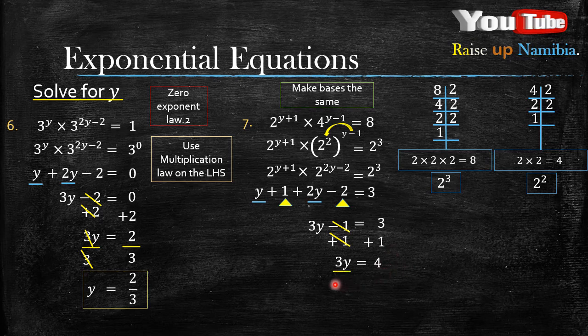Now remember, here it says 3y equals 4 and we are not looking for 3y, we are looking for y. So 3y is the same as saying 3 multiplied by y. To cancel out the 3, we divide both sides by 3. So on the left hand side, it will cancel out and the y is left. While on the right hand side, 4 over 3 is our final answer. Okay?